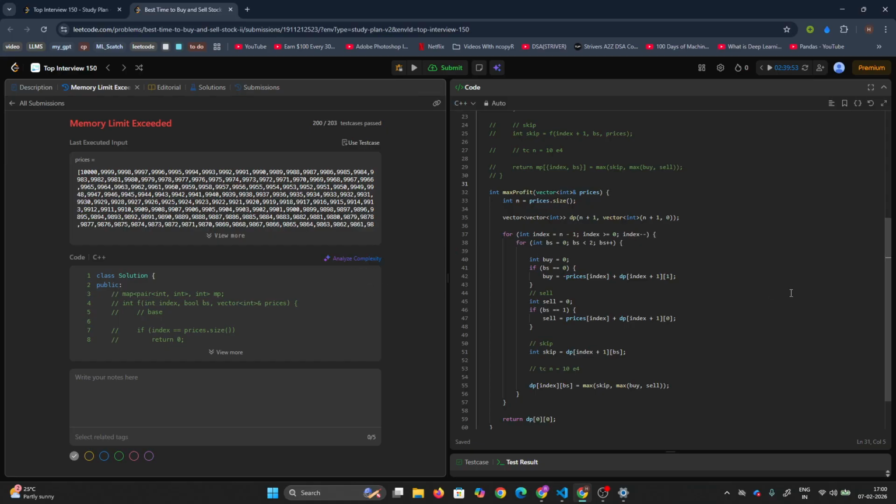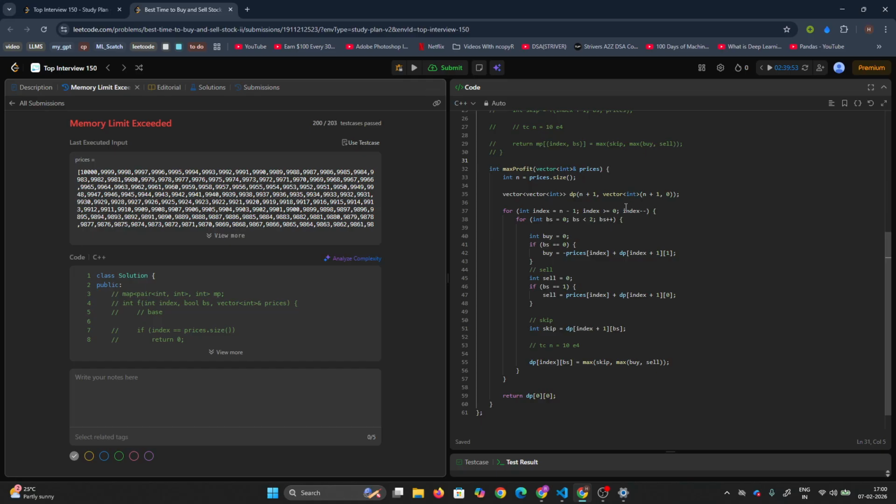Okay, memory limit exceeded. I guess there is one thing. Okay, so now why is the memory limit getting exceeded? Since we are using this 2D vector two times, one thing I did wrong was basically this was only 2 comma 0, because the second vector which you would be using is only having two spaces, but I wrote it for n, hence I got a memory limit exceeded.